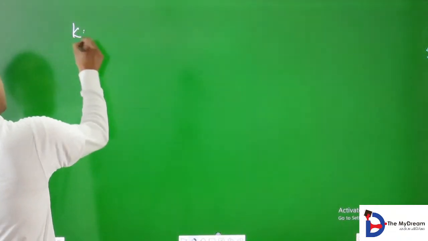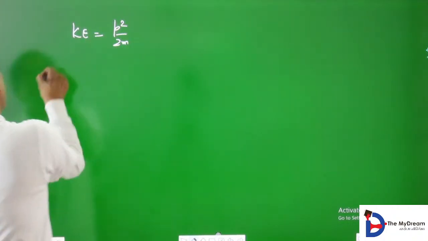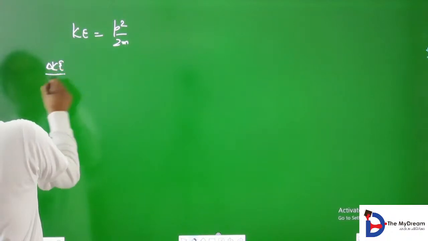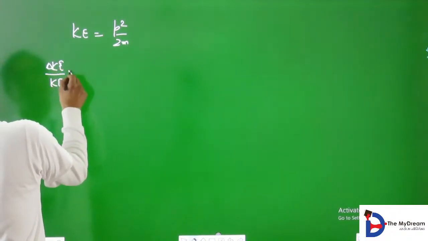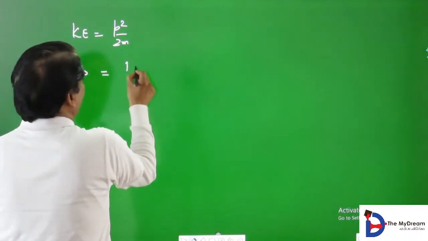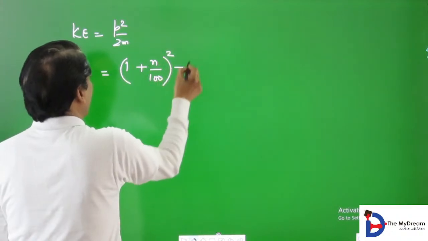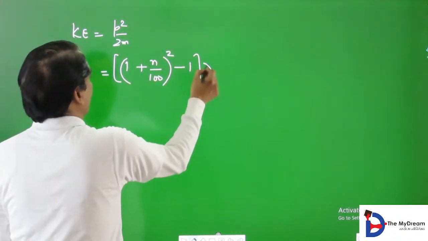प्रीवियस जो क्वेश्चन किया है उसके लिए मैं ट्रिक बता देता हूं. Percentage increase in kinetic energy is (1 plus n by 100) whole square minus 1 into 100.